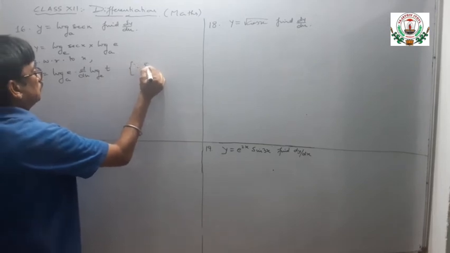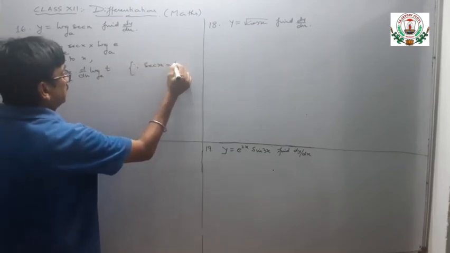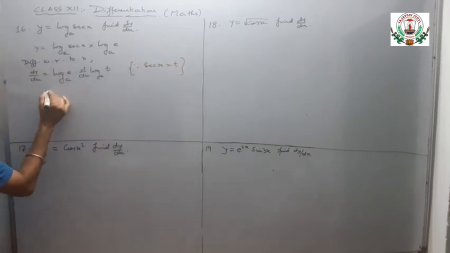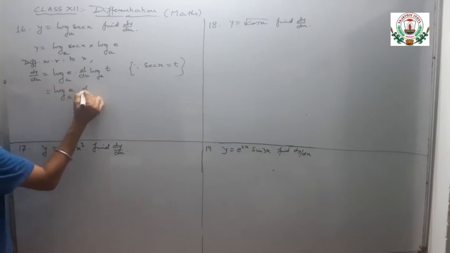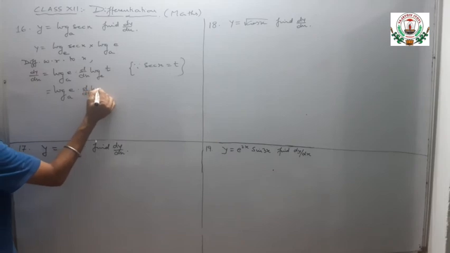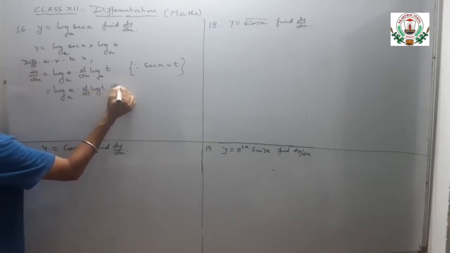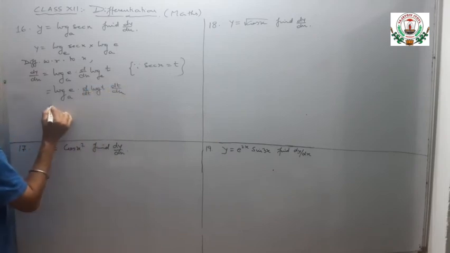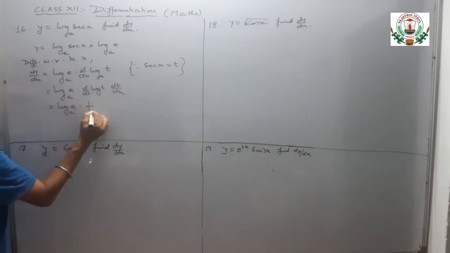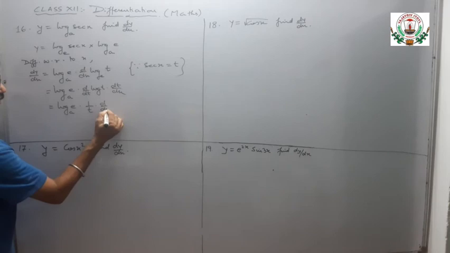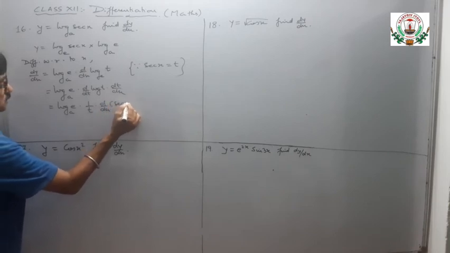Since it is a function of function, I am going to take sec x is equal to t. So log e to the base a, d by dt of log t into dt by dx, which becomes log e to the base a, d by dt of log t is 1 by t, and d by dx of t is sec x.